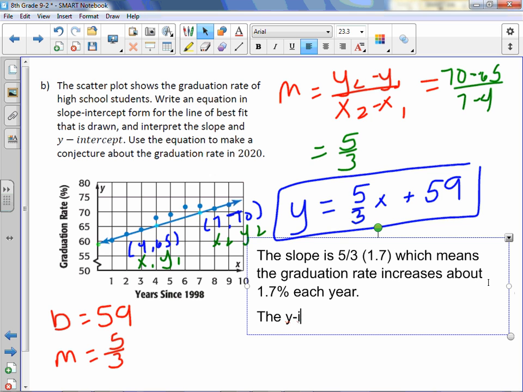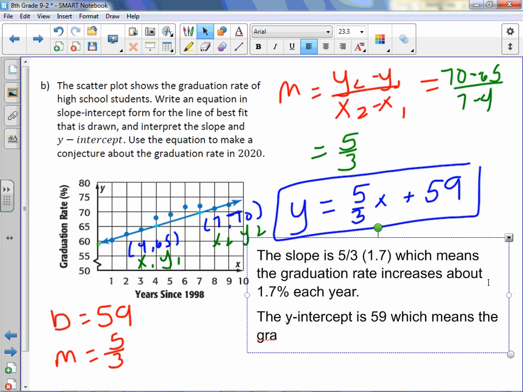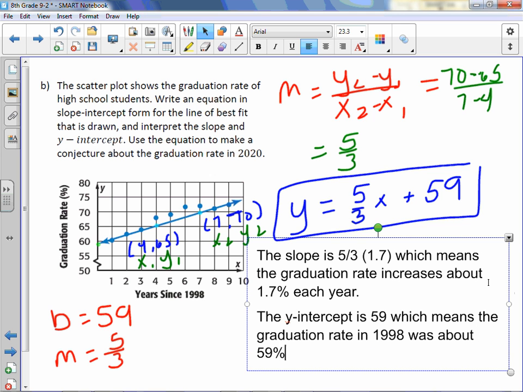The y-intercept is 59, which means the graduation rate in 1998 was about 59%.